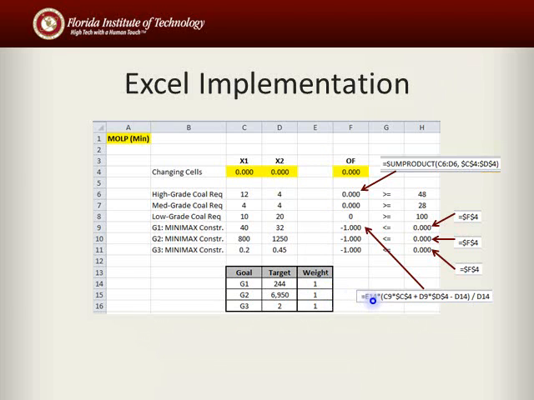So that's the weight times the deviation, which is represented here, over the target value, D14 in this case. That's the target value for goal number 1. The same approach is used for F10 and F11, which represent the left-hand side of goals 2 and 3. All I'm doing here is representing the formulation that was developed for this problem.